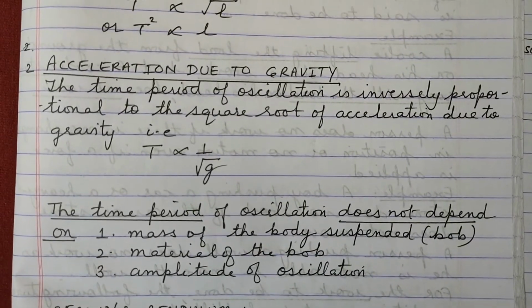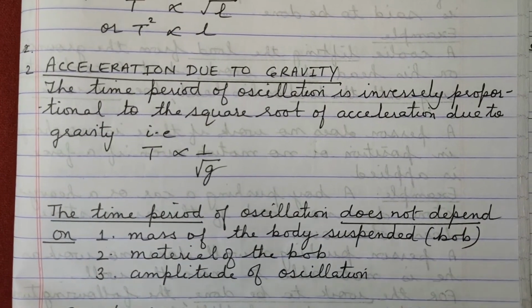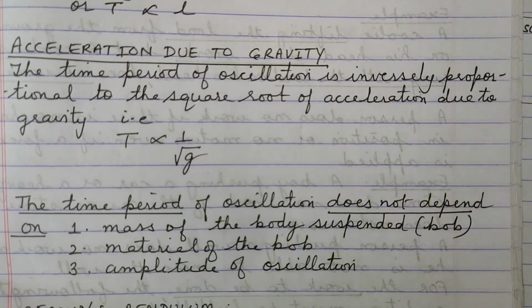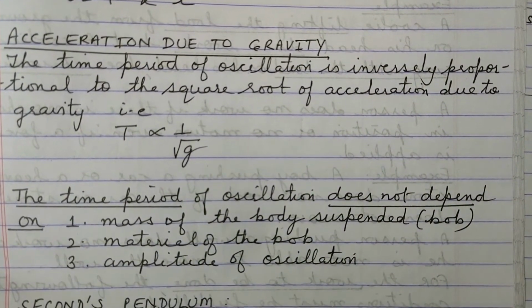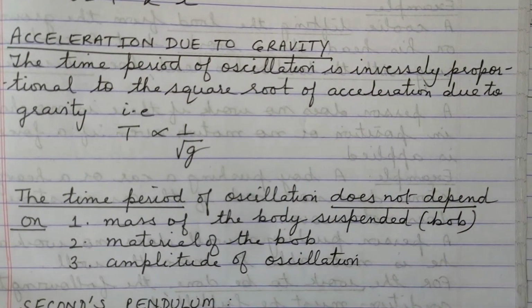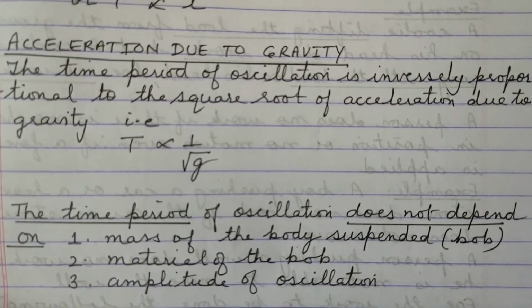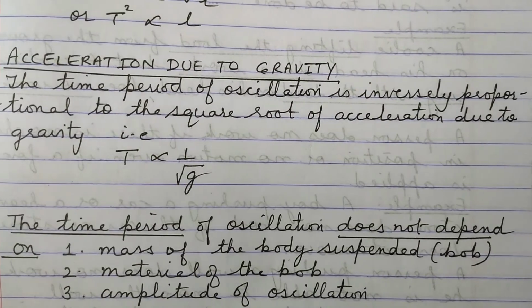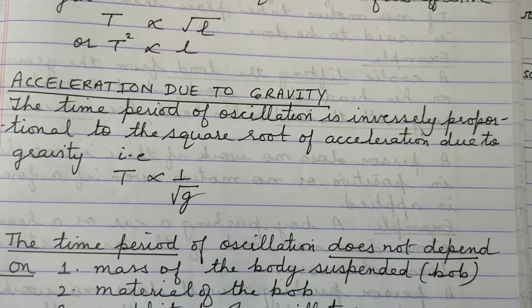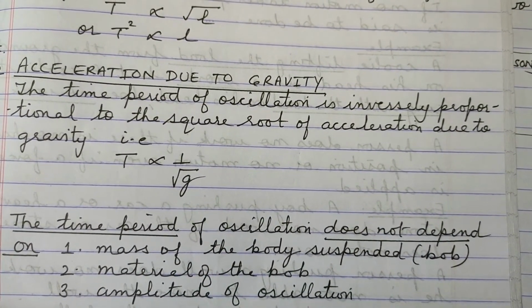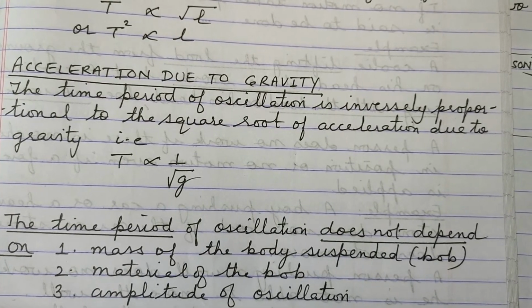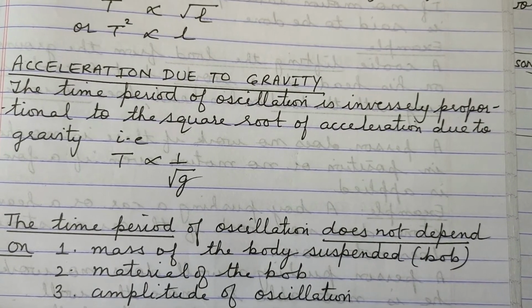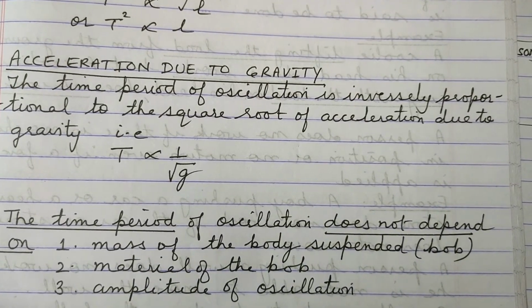Remember, the time period of oscillation does not depend on the mass of the body suspended, that means the bob, or the material of the bob, or the amplitude of oscillation of the pendulum. In short, for any factor other than the length and acceleration due to gravity, your answer will be that the time period does not depend on these factors.